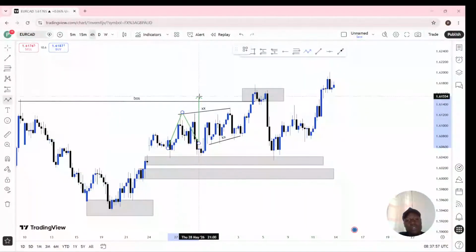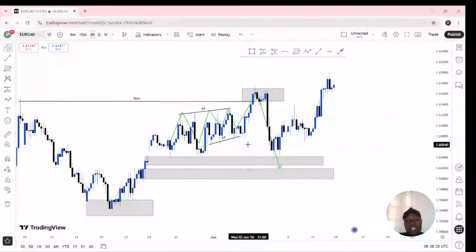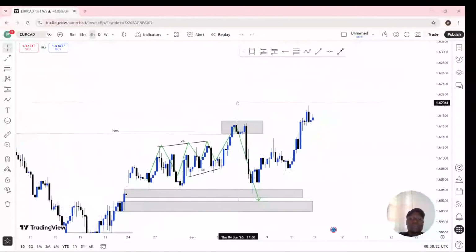You see all those consolidations building out liquidity, but finally price had to sweep the sellers. Price swept all these orders, then had to sweep the orders on the downside, and then finally continue its movement.